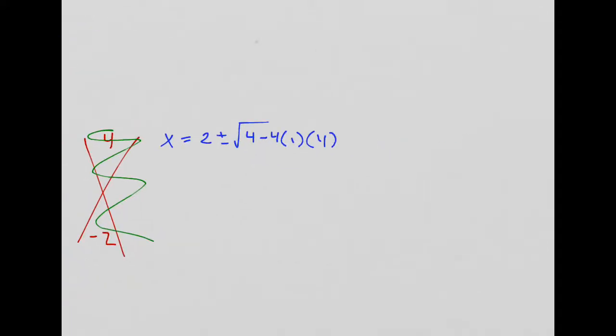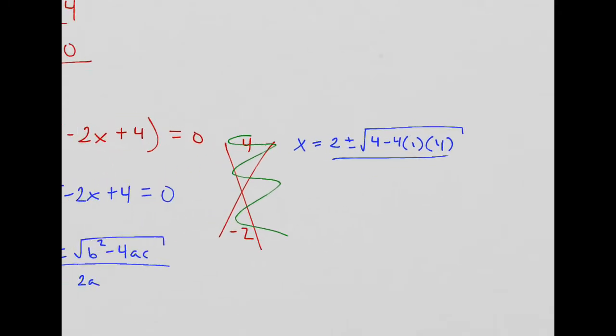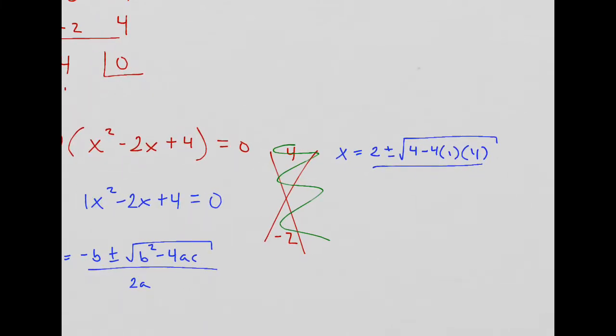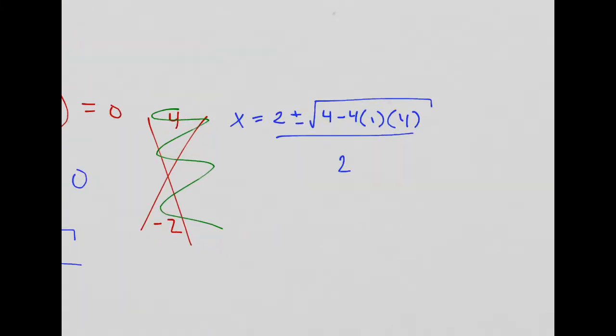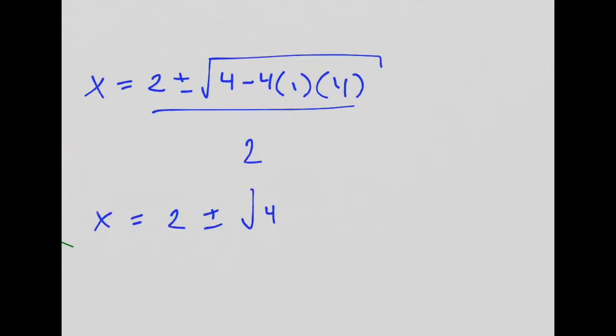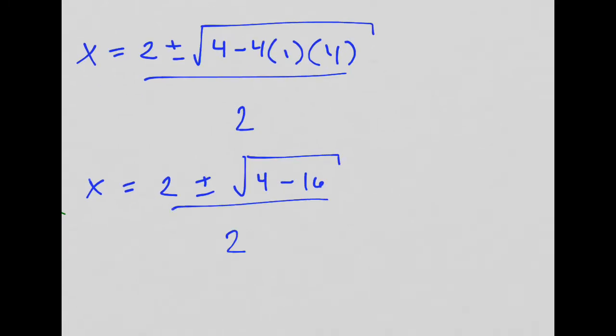Yeah, it's 4. Keep up, come on. So then what do I have to do? I have to divide it by 2a, which in this case 2 times a is just 2. Alright, let's simplify a little bit. Uh-oh. X equals 2 plus or minus the square root of 4 minus 16. That's crazy. Divided by 2.